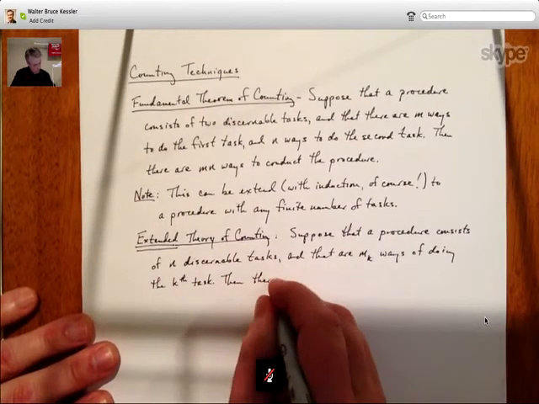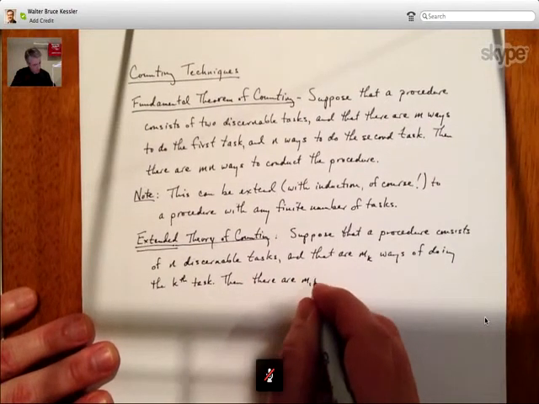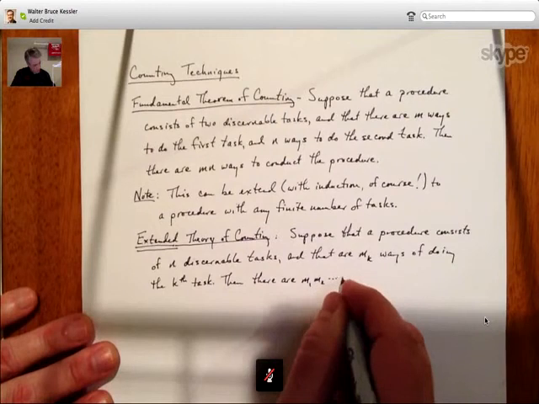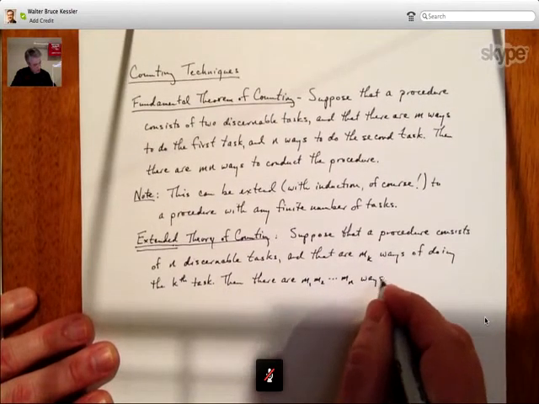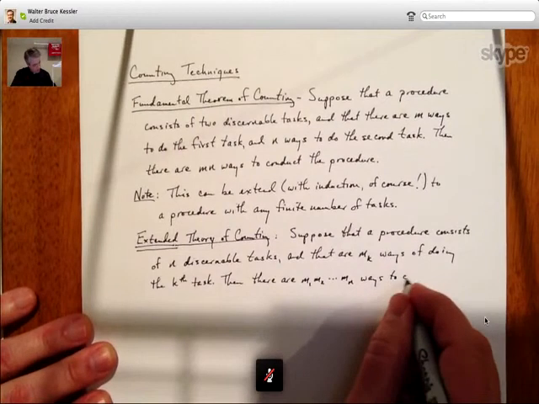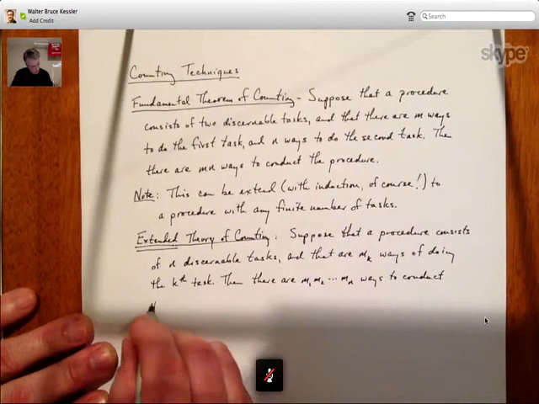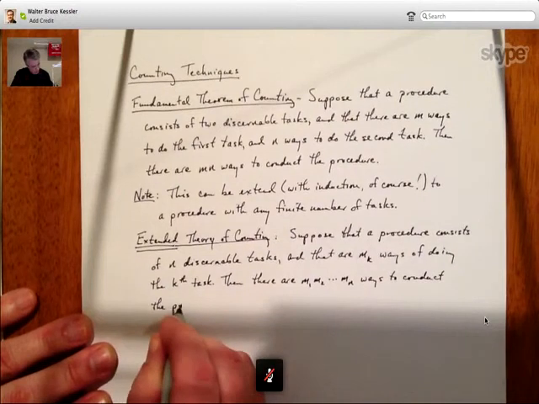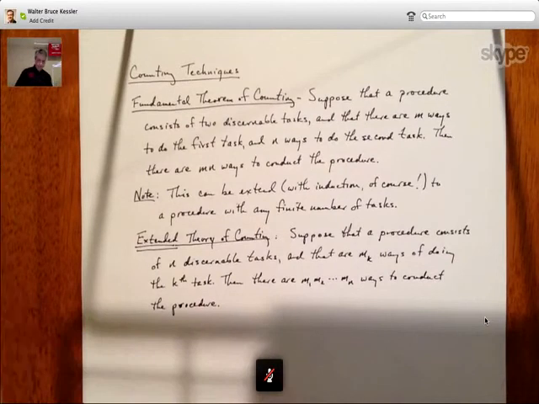Then there are M1 times M2, all the way out to M sub n ways to conduct the procedure. Okay.